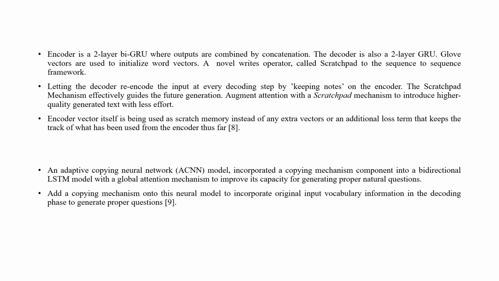Next one is question generation from an adaptive neural network. For such a concept, a copying mechanism is performed with a bidirectional LSTM model with a global attention mechanism. And why is all this arrangement done? The copying mechanism with bidirectional LSTM and global attention is used to improve its capacity for generating proper natural questions.